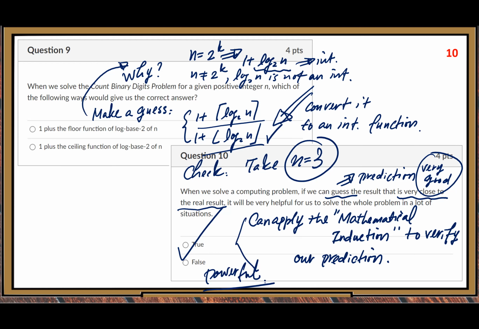All right, so that's the 10 questions for quiz number 3. Next, we need to move to homework questions. Here, I select those relatively hard questions first. For relatively easier questions, if I feel I need to explain something, I will make some video.